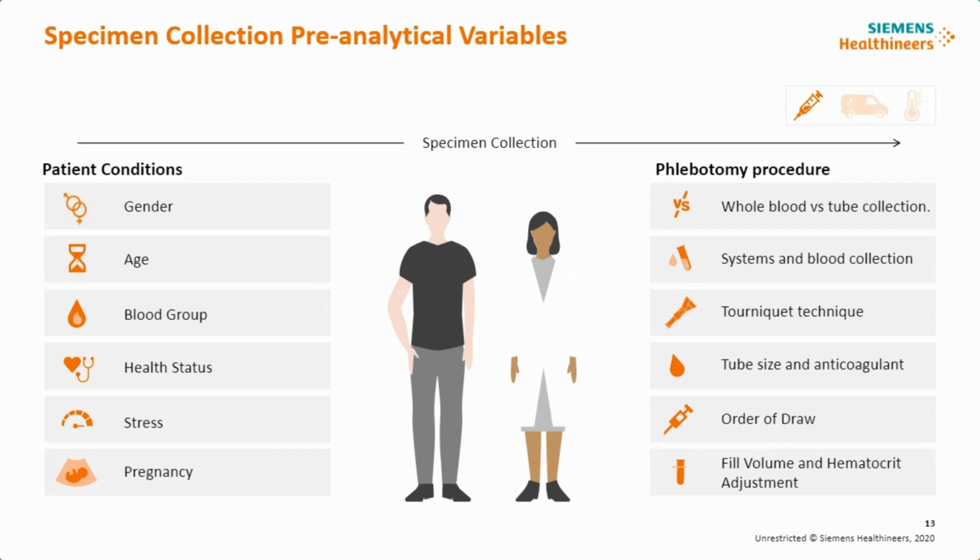Is it 3.2%? I'll talk about those in the coming slides. And of course, the order of blood draw. Do we need a discard tube? Do we not need a discard tube? What is the order of draw? Fill volume and hematocrit adjustment are all important factors that we have to take into consideration as we're taking the sample from the patient and then processing and collecting that sample.